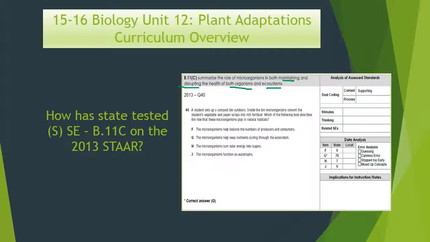And so as we look at the question, it says, a student sets up a compost bin outdoors. Inside the bin, microorganisms convert the student's vegetable and paper scraps into rich fertilizer. Which of the following best describes the role these microorganisms play in natural habitats? And so now we're looking specifically at summarizing the role of microorganisms in maintaining ecosystems.